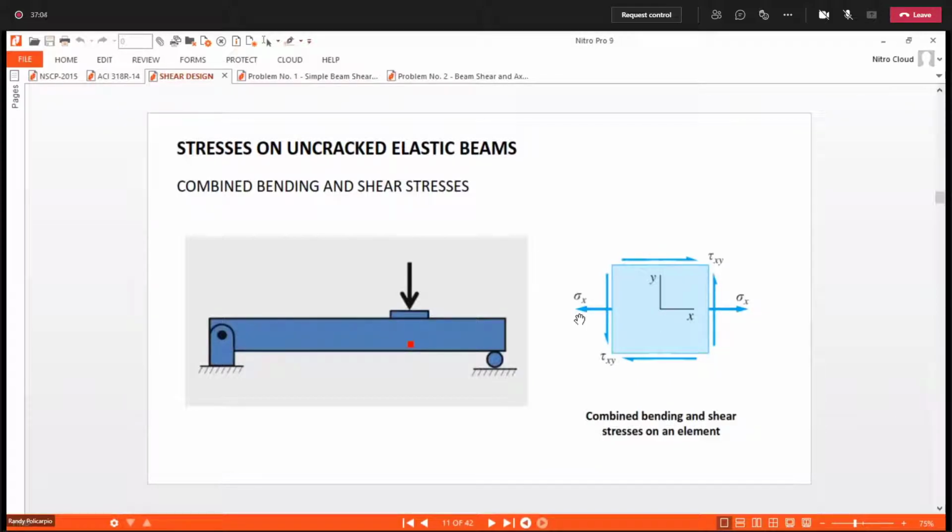Since this element is not really at the bottom but rather on the tension side, there will be tensile stress on that element. So this is our combination. I hope you are following.